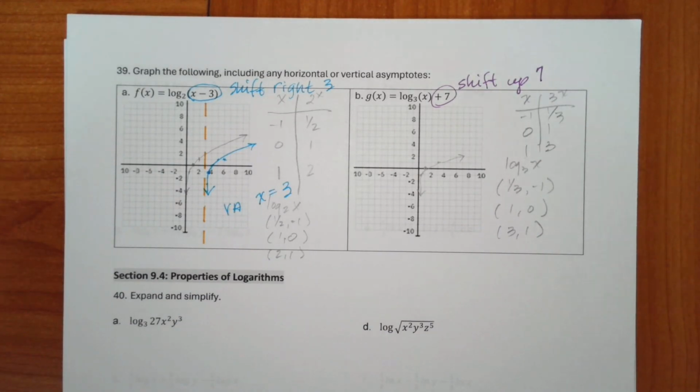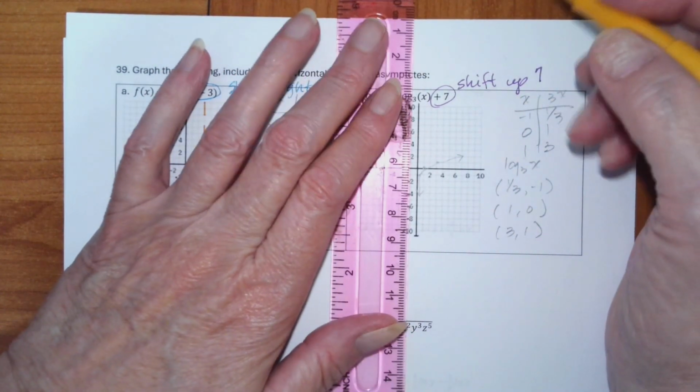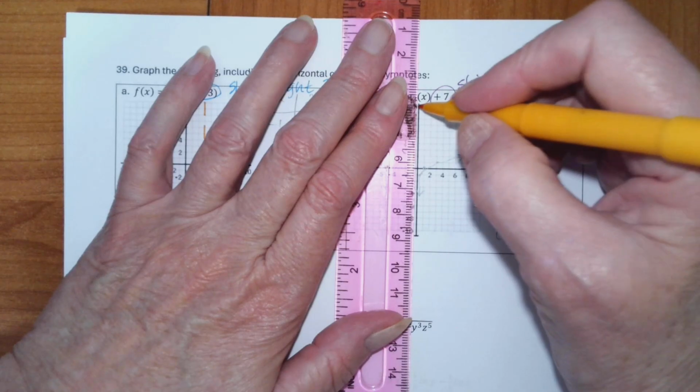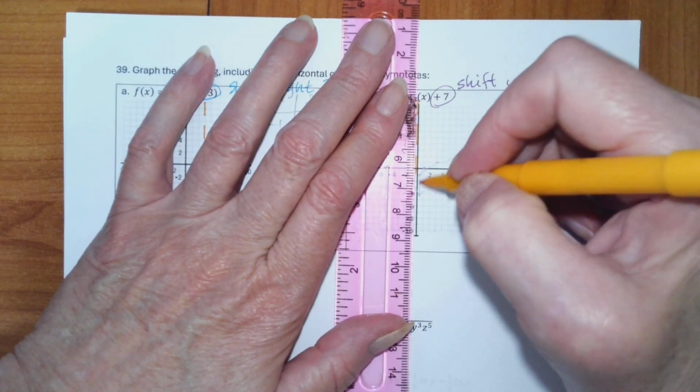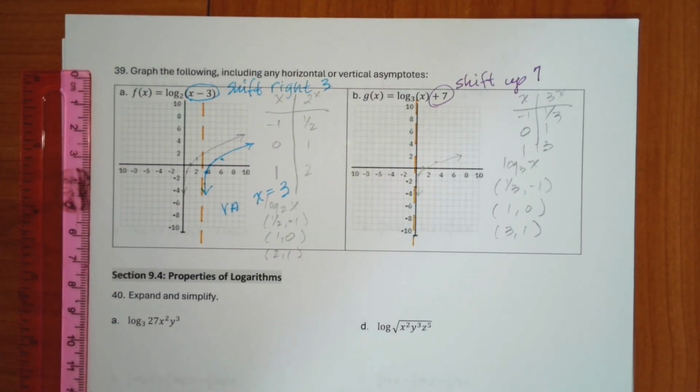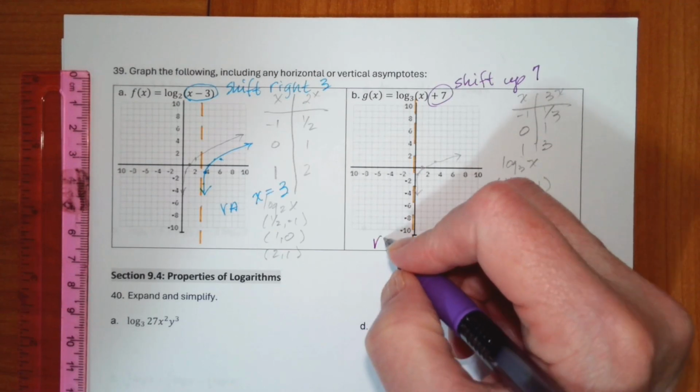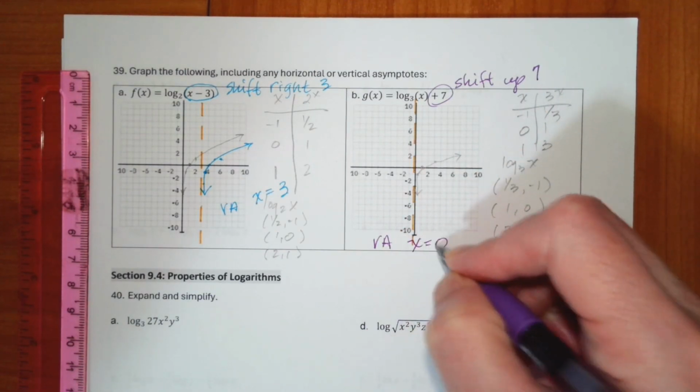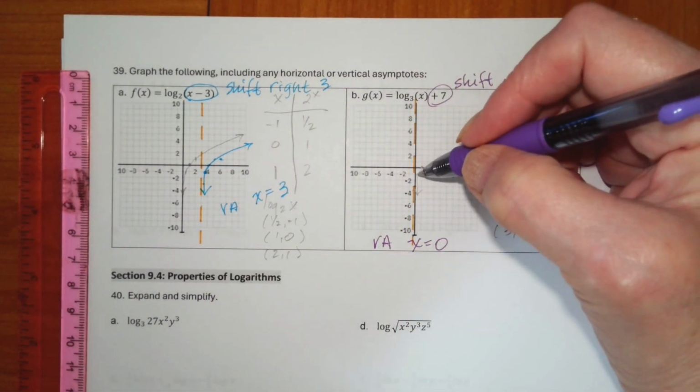Okay, so that means that my vertical asymptote remains where it is. So I have a vertical asymptote at x equals 0. And then I just move each of these points up 7.